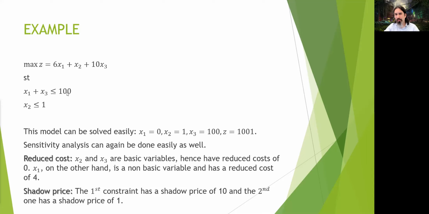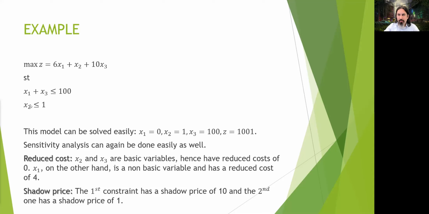This increase of 1 point in x3 will result in an increase of 10 points in the z value. So the right-hand side increase in the first constraint will result in 10 points of extra profit for the objective function. So the shadow price for the first constraint is 10.